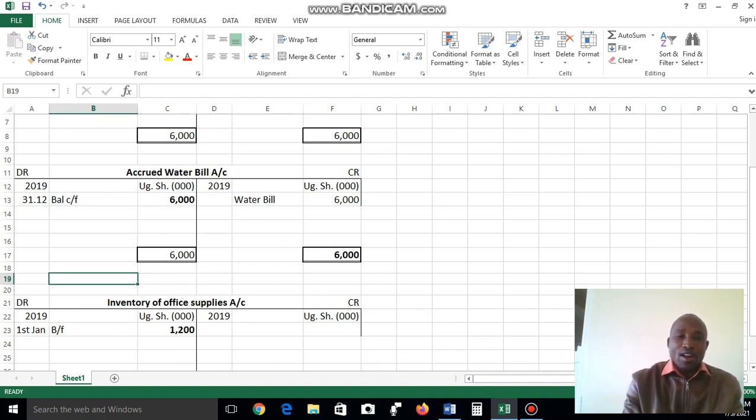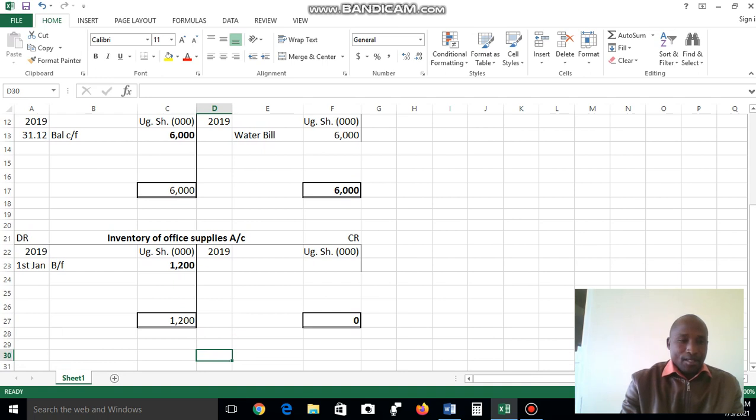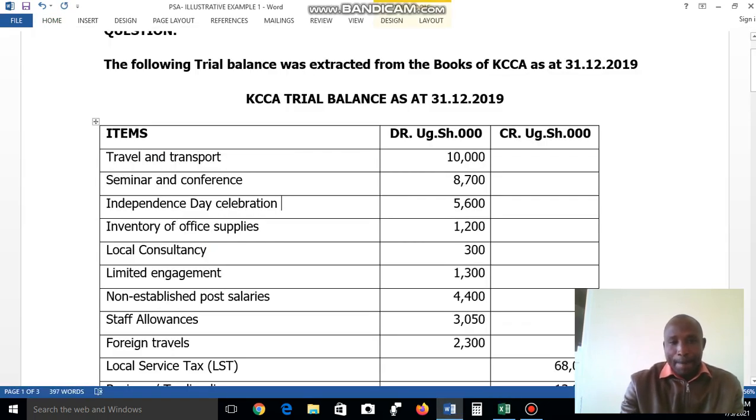So you have to recognize a debit entry first, because it is an asset. Then you have to ask yourself: the office supplies inventory item was 1,200,000.